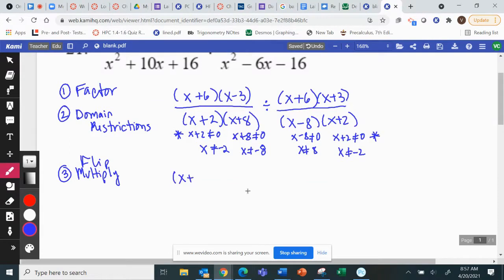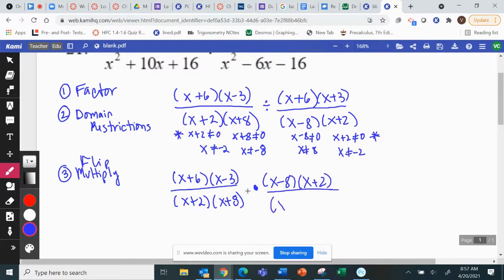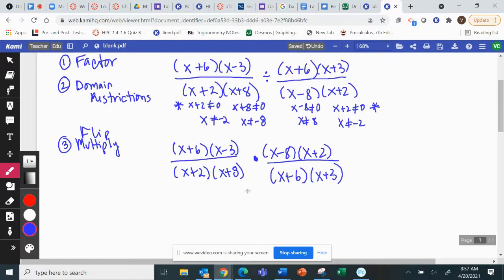So now I've got x plus 6, x minus 3 over x plus 2, x plus 8, times x minus 8, x plus 2 over x plus 6, x plus 3. So that's step 3. Step 4 is domain restrictions again.